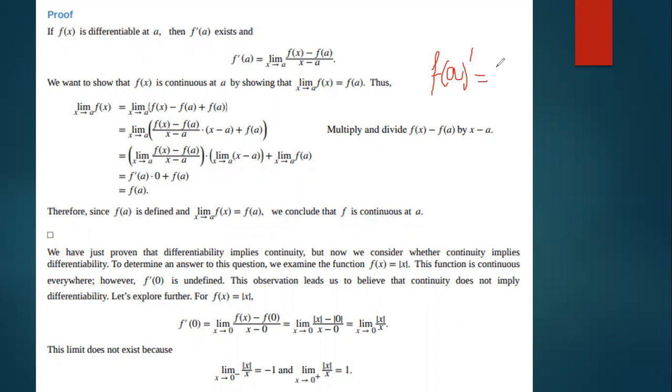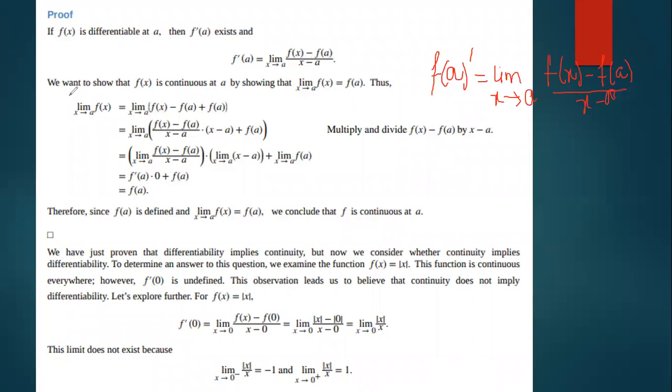Using equation 3.14 as I described earlier, I apply the limit as x approaches a, because a is in my domain, of f of x, my original function, minus f of a, divided by x minus a. So we have to find the value of f of x at a, and then differentiate it.